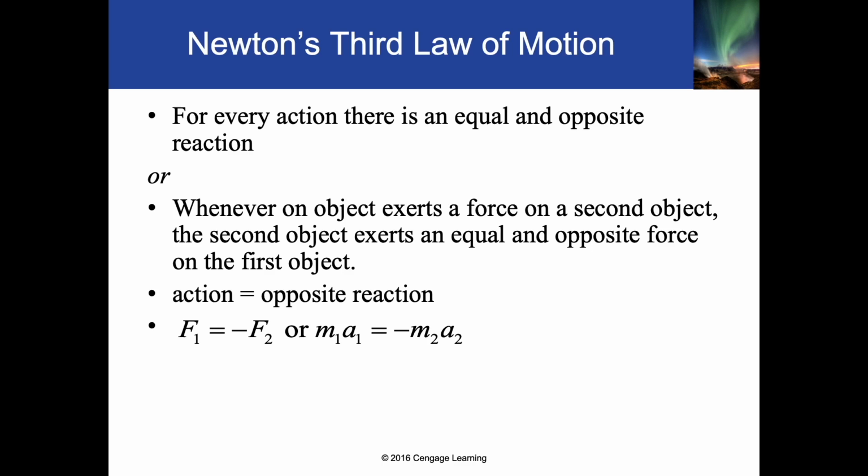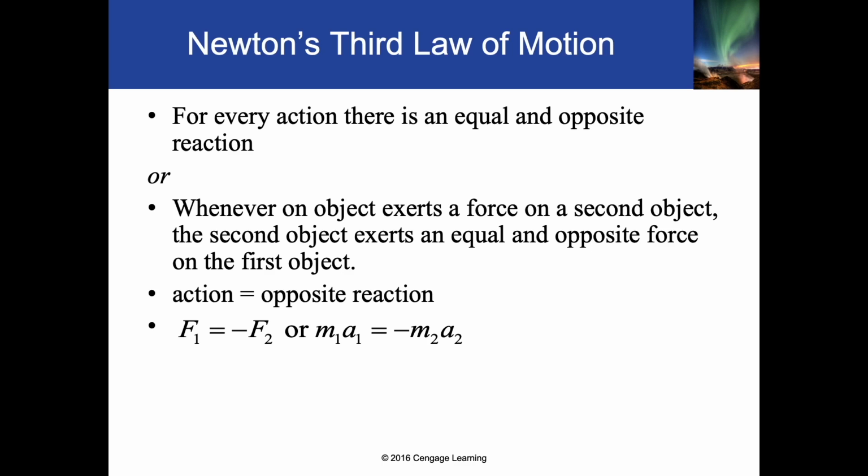And then that brings us to Newton's third law of motion, which is for every action, there is an equal and opposite reaction. Another way of saying it is whenever an object exerts a force on a second object, the second object exerts an equal and opposite force on the first object.